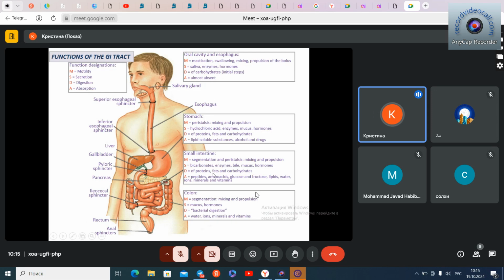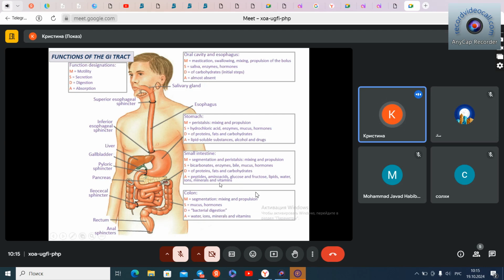These large molecules are broken down into monomers: peptides into amino acids, carbohydrates into glucose and fructose, lipids into smaller ones, and all these small molecules can now be absorbed into the epithelium of the small intestine.